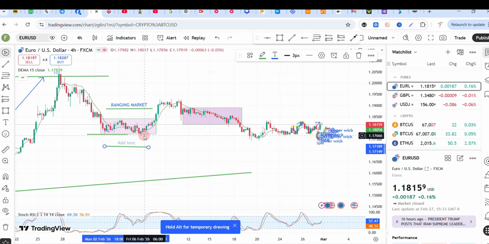So you either see a breakout or a rejection. So I'm putting this down so you guys will understand. So this is an indecision. So that is what happens in a ranging market.